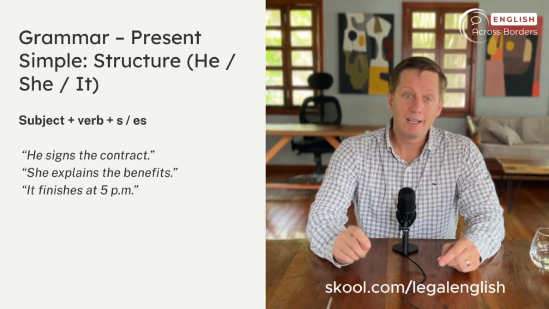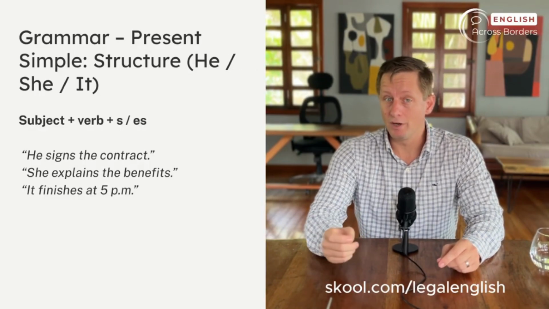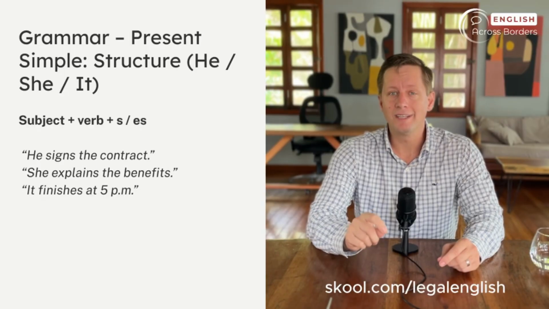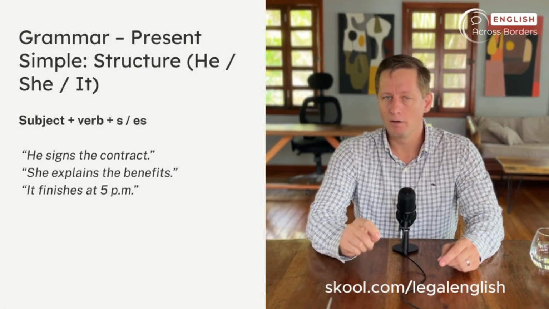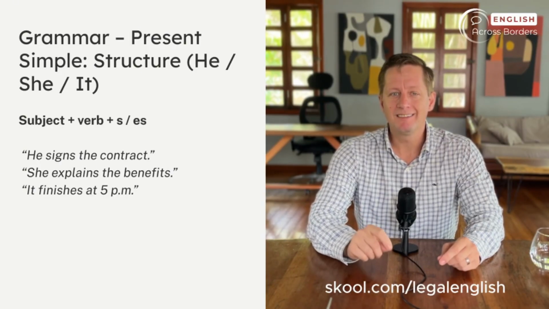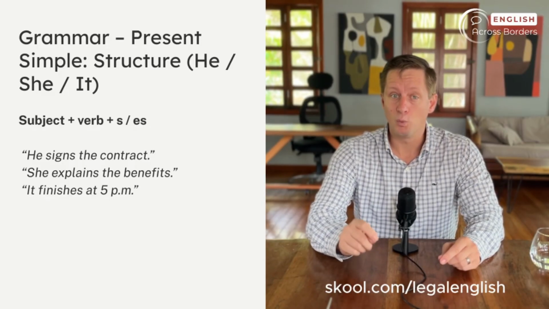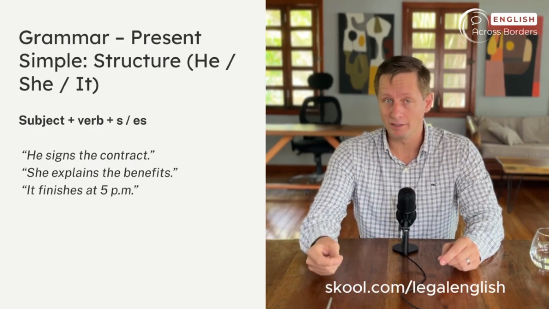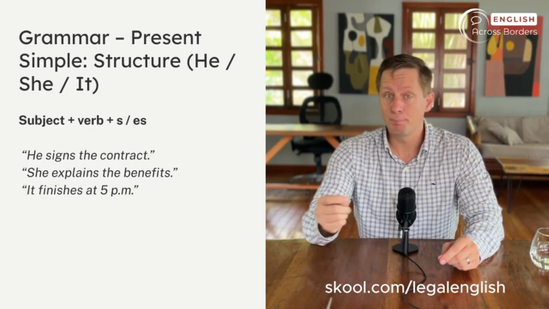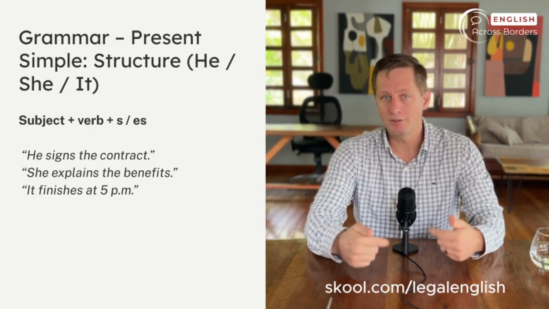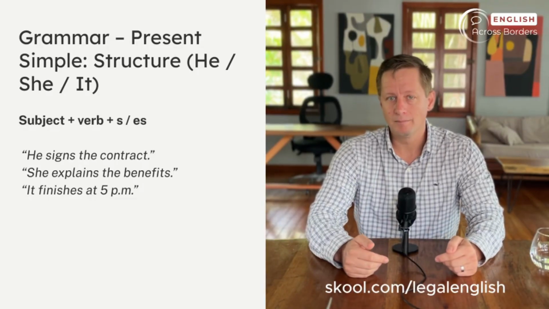When we use he, she, or it as the subject, we add s or es to the verb. For example, he signs the contract. This means it is what he does regularly. She explains the benefits. She talks about the extra help workers get.